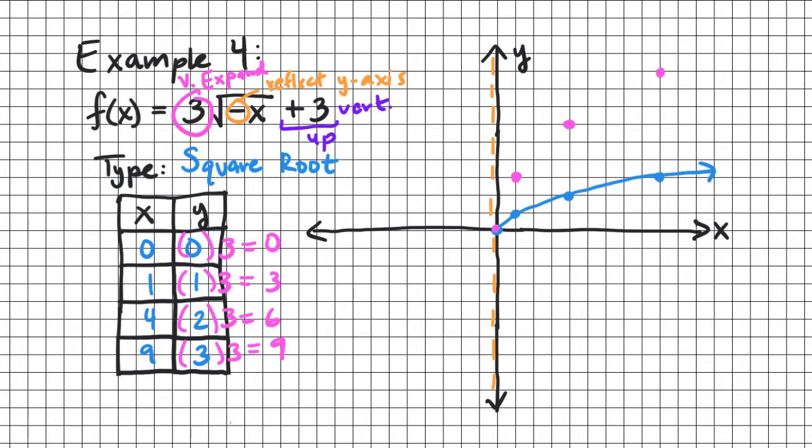So if we're going to reflect on the y-axis, that means all the pink points that were on the right are going to be on the left now. Here, this one's going to stay there. And then here we're going to go 1, 2, 3, 4, 5, 6, 7, 8, 9.